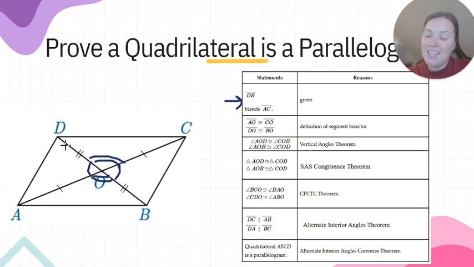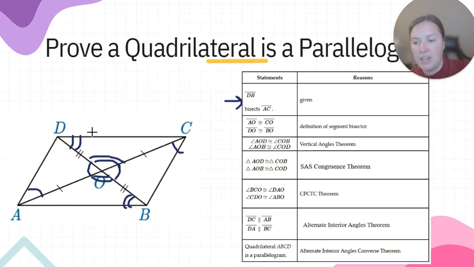That also means that their corresponding parts are congruent. So now we can say that BCO is congruent to DAO, and we can say that CDO is congruent to ABO here.